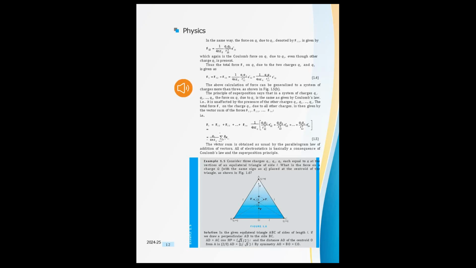That's equal to Q1 by 4 pi epsilon naught summation i equal to 2 to n Qi by R1i square into R1i cap. The vector sum is obtained as usual by the parallelogram law of addition of vectors. All of electrostatics is basically a consequence of Coulomb's law and the superposition principle.